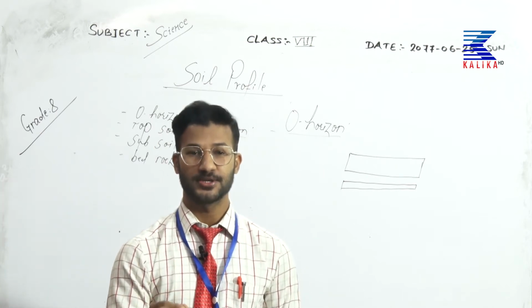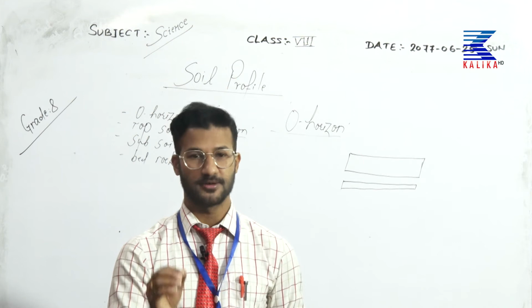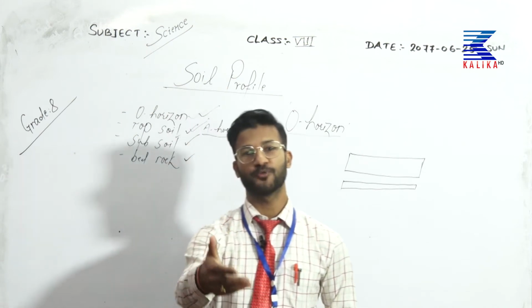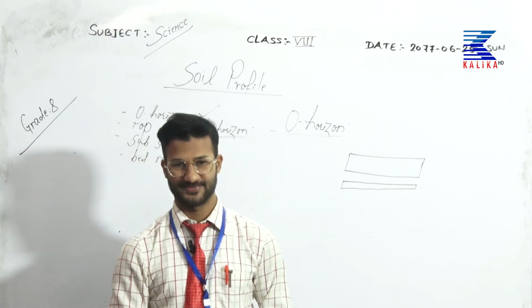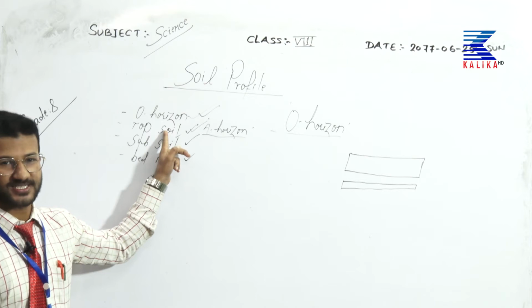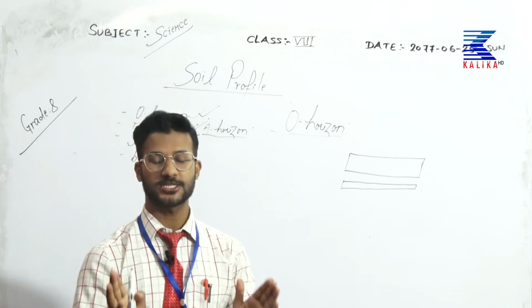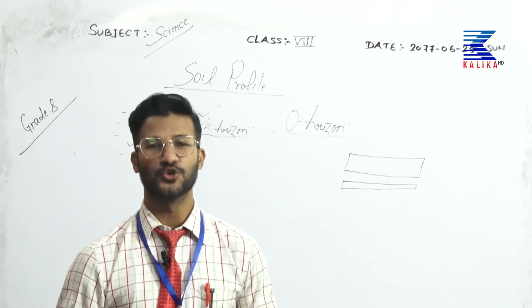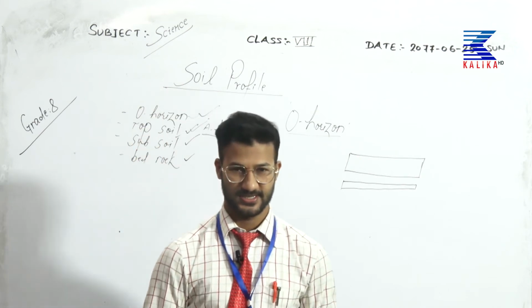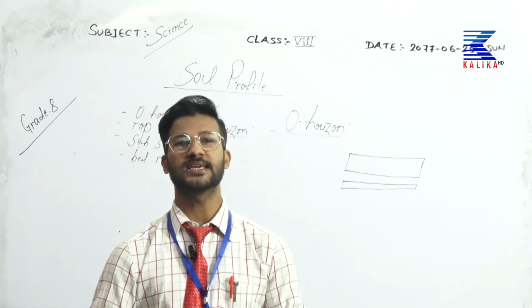It is richly supplied with minerals, nutrients, decomposed organic material. It is the major layer of the Earth's crust where the maximum amount of humus is present. So, it is loose, I mean to say loosely compact.